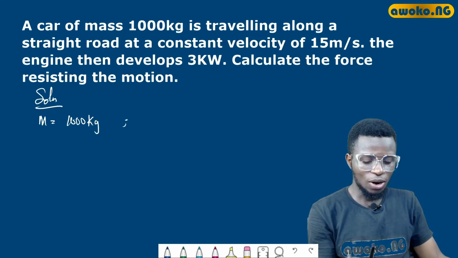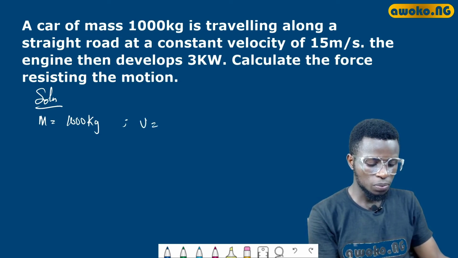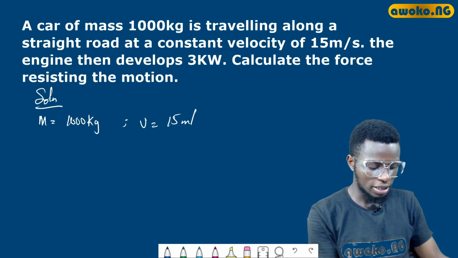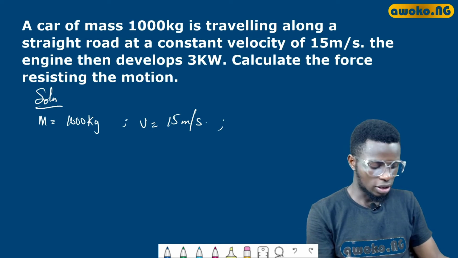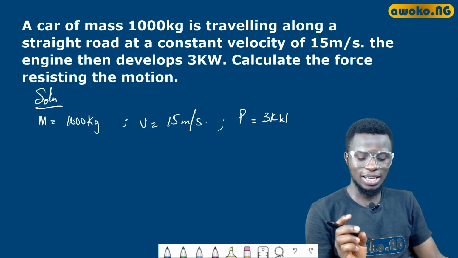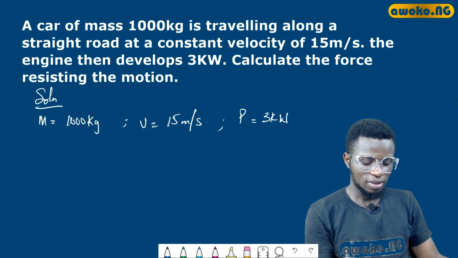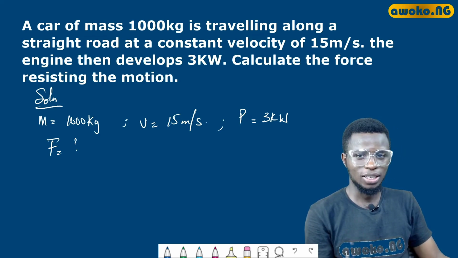So the velocity of the car is equal to 15 meters per second. And now we're told that the engine develops the power of 3 kilowatts. Now the force is what we are looking for.